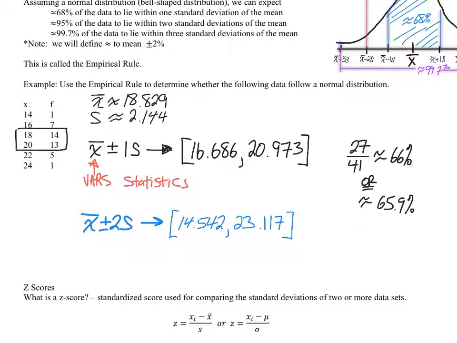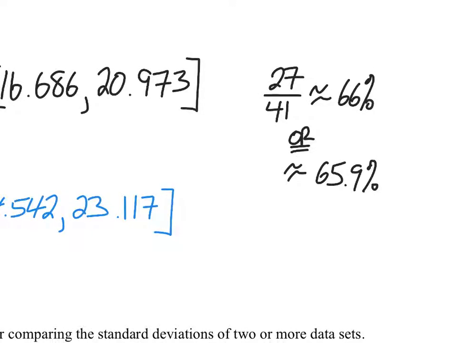All right, so I go back to my raw data set. I'm going to count up the number of values that fall in that interval. 14's not in that interval, neither is the 24. So we're looking at these entries, which is how many? 39 out of 41.